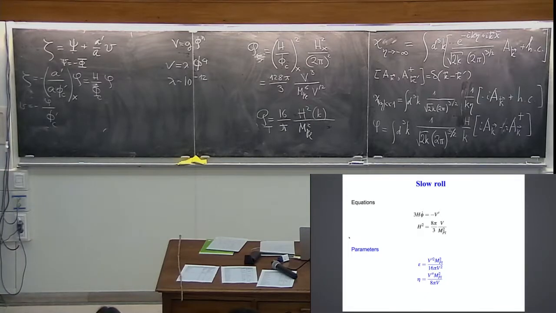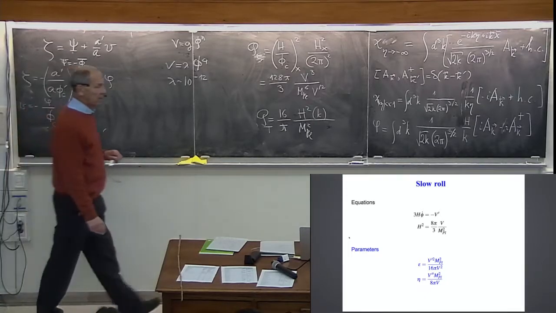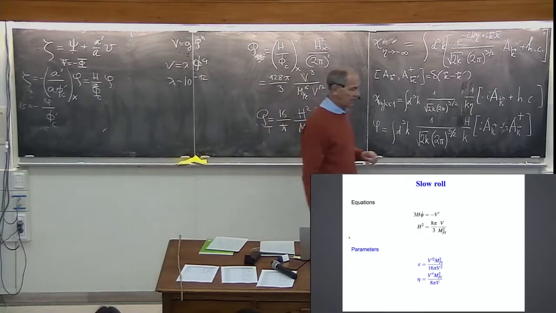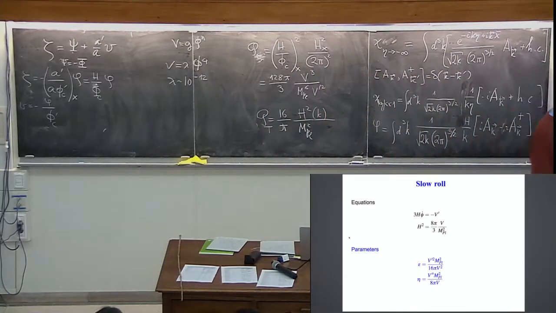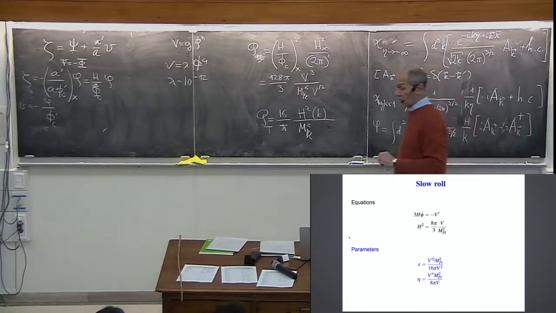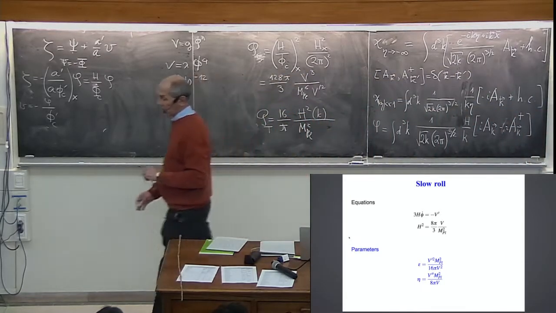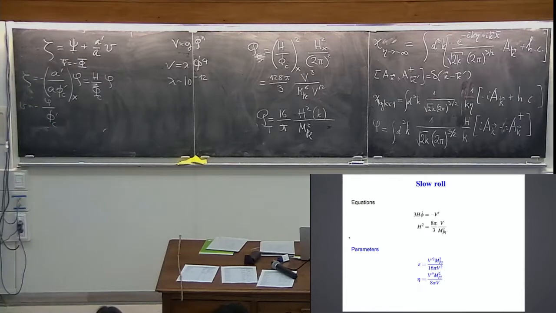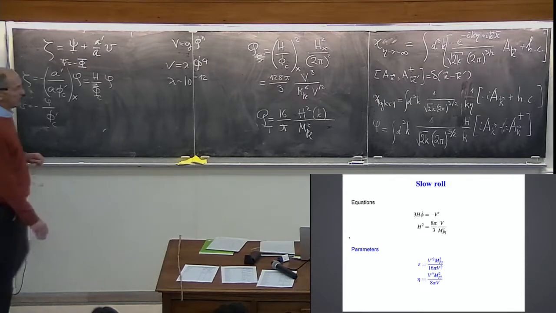Which I consider pretty problematic. If you are thinking of conventional phi squared or phi to the fourth theory, then there is no reason whatsoever that the coupling constants or the mass must be very, very small.